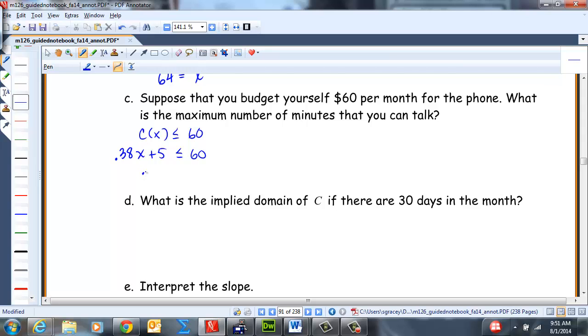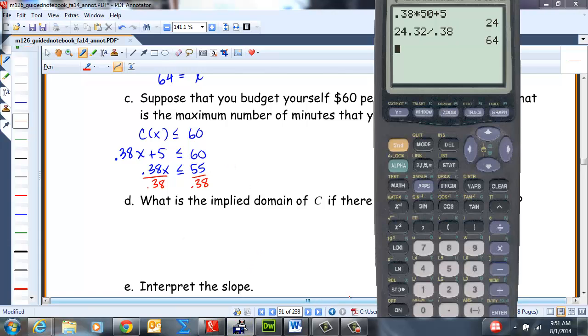If we take away 5 from both sides, we'll get 0.38X is less than or equal to 55. And then dividing both sides by 0.38, we will get 144.73.